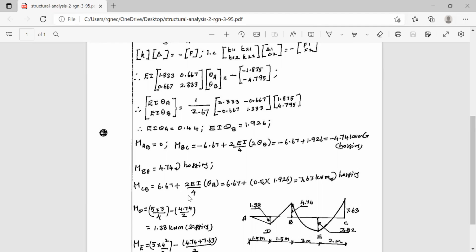So M of CB plus 2EI by L into the farther side, theta B. So this is the moment here. And this again is a hogging moment because positive side. Now M of CB is positive. Positive means anti-clockwise.